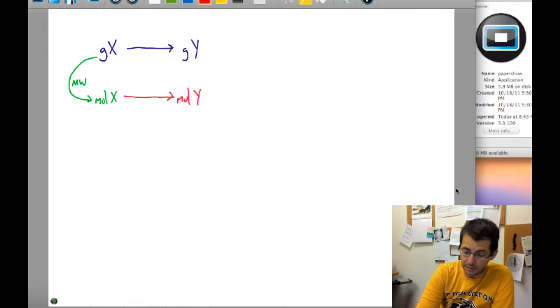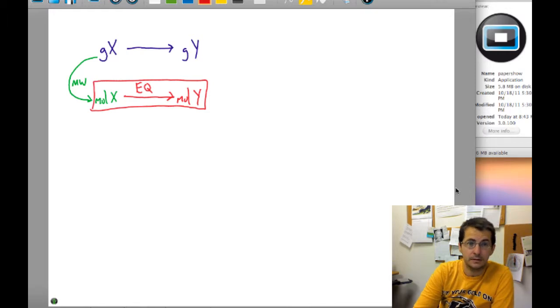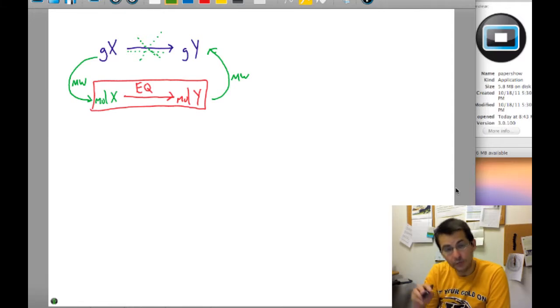This is the stoichiometry using the equation. This is the chemistry right here. And lastly, a molecular weight statement that converts moles of Y back into grams of Y. Now, we usually can't go directly. So we have to go through a different route.